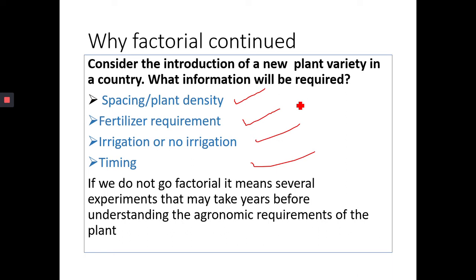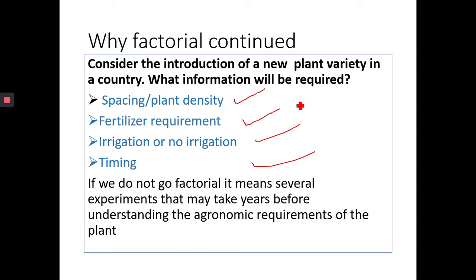Now, you move on to fertilizer requirement. Maybe for fertilizer requirement, it can be an exception. You may just do a single trial in a year. Now you move on to irrigation, where you may want to test the drought tolerance of the new variety.